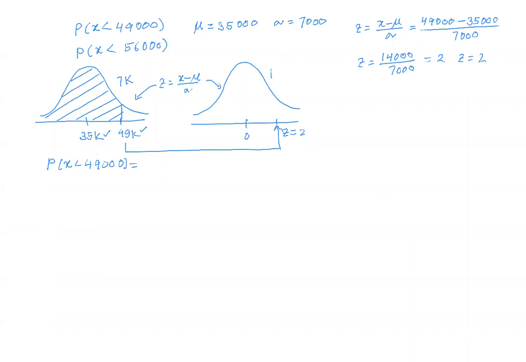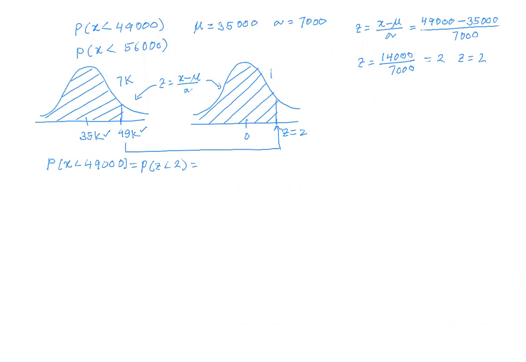So the probability of X less than 49,000 translates into Z, this area. Probability of Z less than 2.